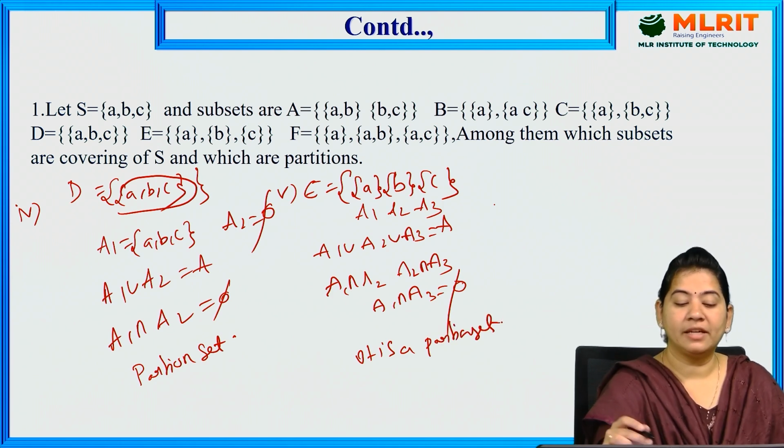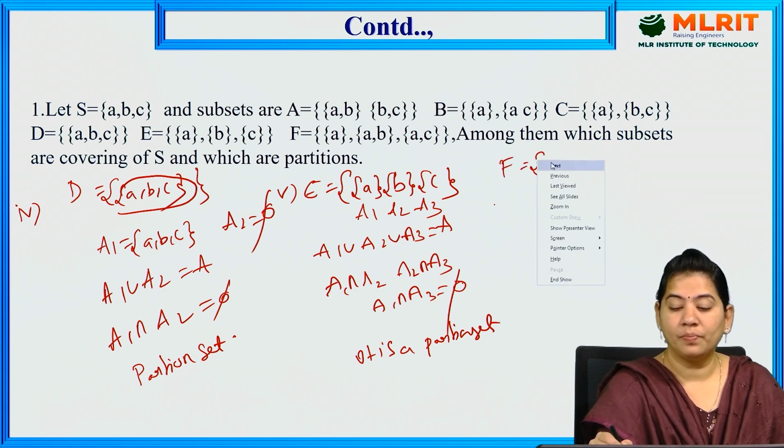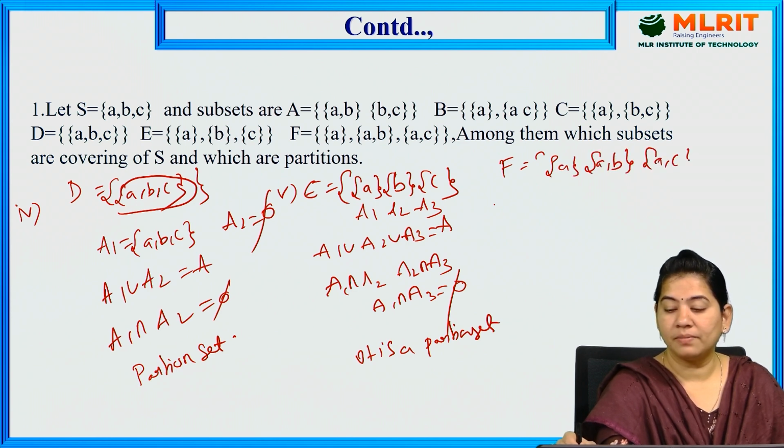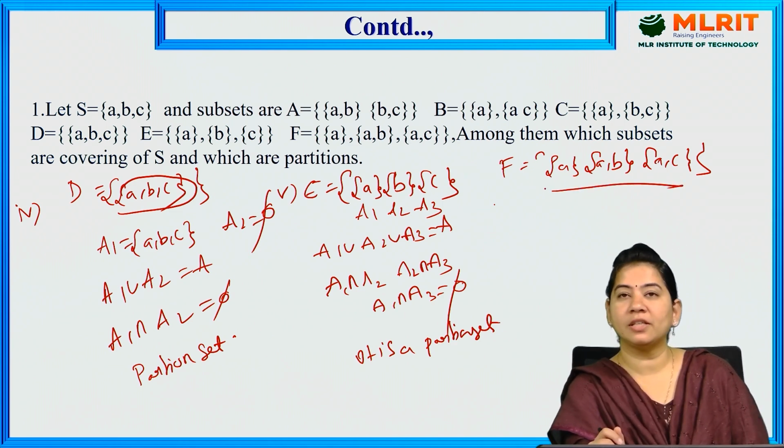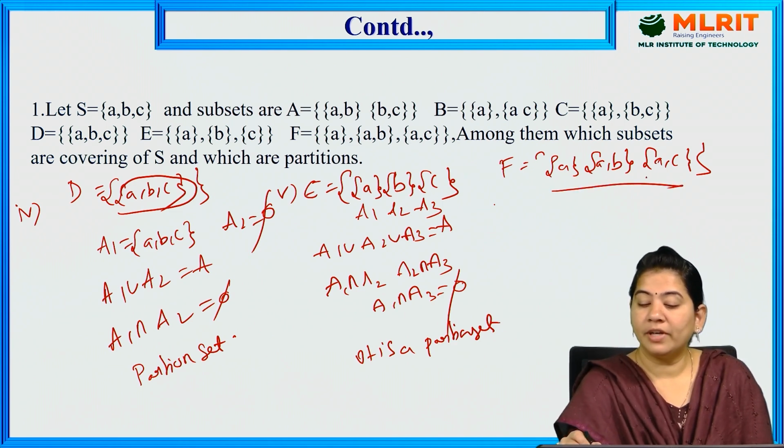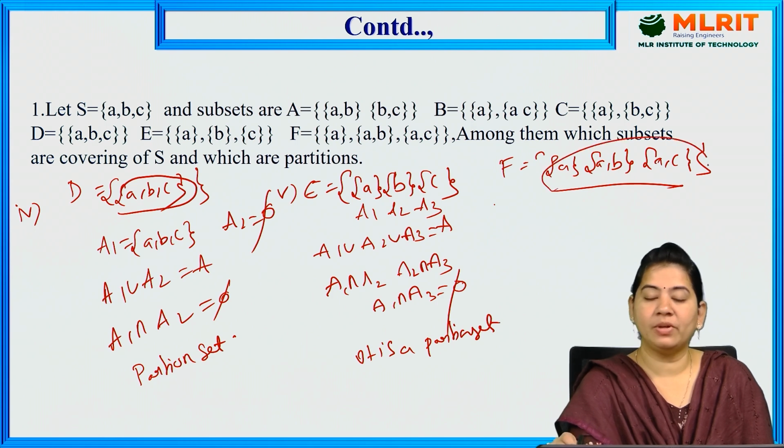So next, the last one here, we have F. F is equal to {A, B}, {A, C}. If you observe in the question itself, we can understand that definitely the first condition will be satisfied. Why?